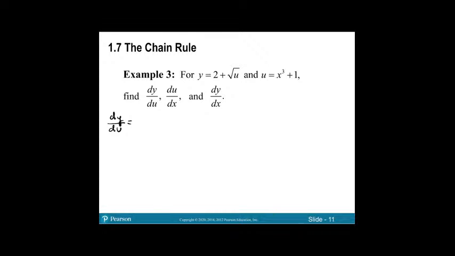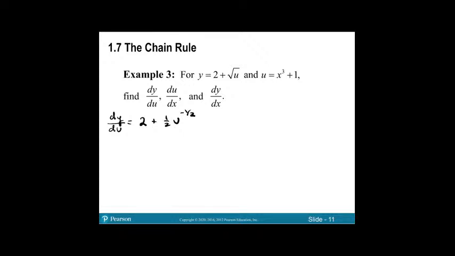So remember that square root of u is the same as u to the power of a half. So then when we apply the power rule, that's going to be 1/2 u to the negative 1/2. Okay, I'm going to leave that.